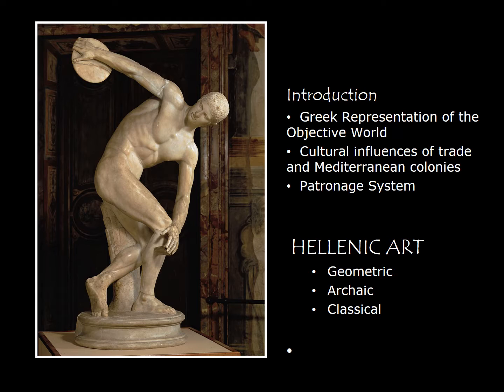We're going to begin with Hellenic art, and there are three basic periods we're going to talk about. The geometric period, 9th to 8th century BCE, is most known for its pottery ornamented with geometric designs and of simplified friezes of simplified animals and humans.